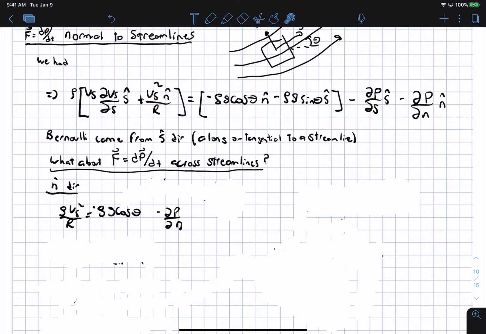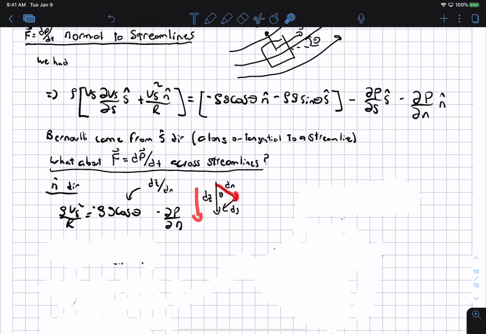Okay, and in the same way we can work with g cosine theta and relate that to a change in the elevation, just like we did for the Bernoulli equation, by just looking at the triangle. It turns out this is just dz dn, because we have gravity acting straight down, and we'll define z as the change of elevation.